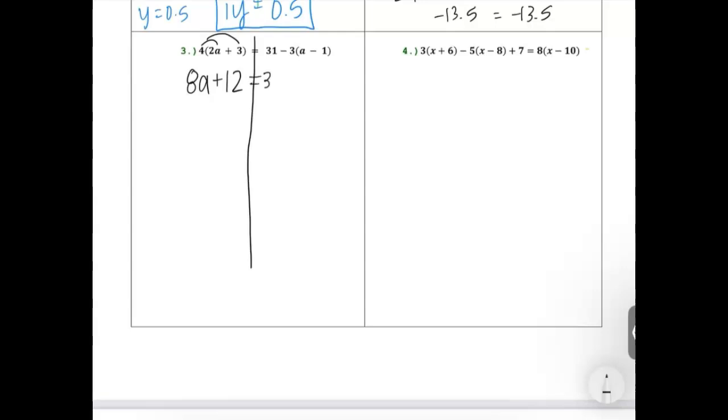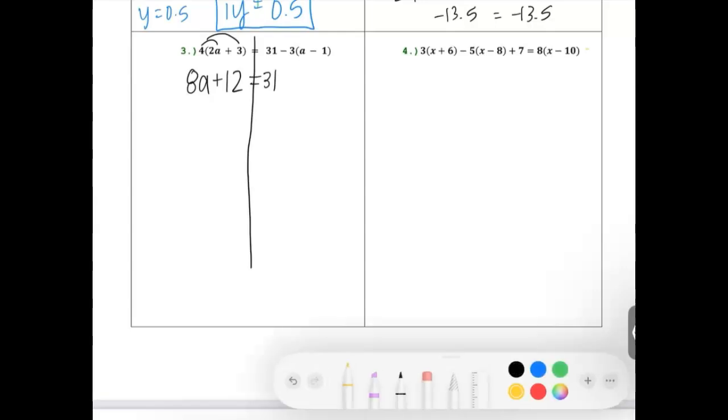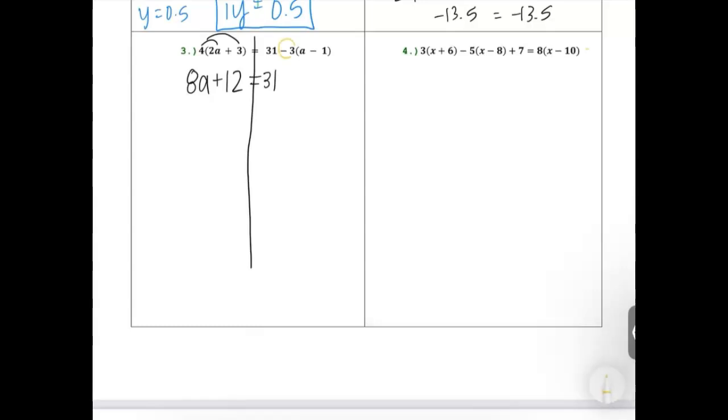The right side we have 31, and here is where it gets a little tricky. Remember how I tell you all the time, the sign in front of something stays with the value. So while it looks like a minus 3, this is actually a negative 3 we are distributing. Everything in here is becoming 3 times as big, and it becomes its opposite.